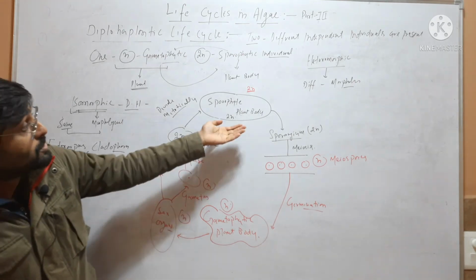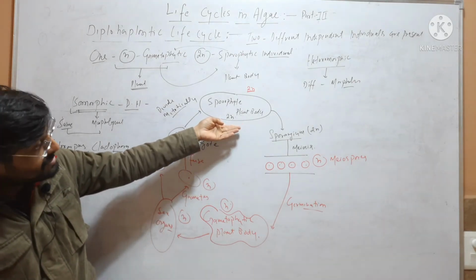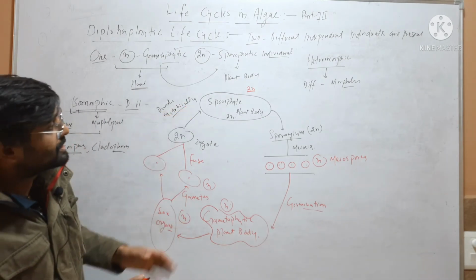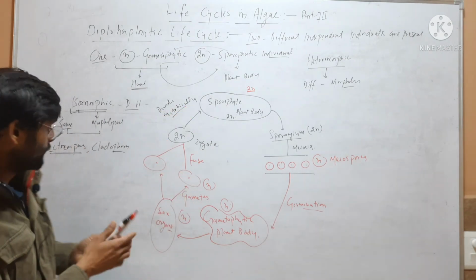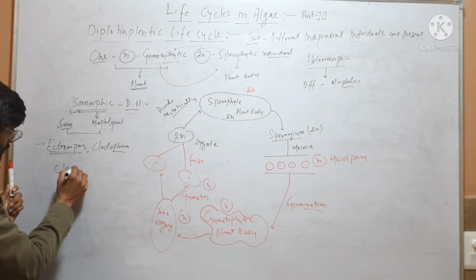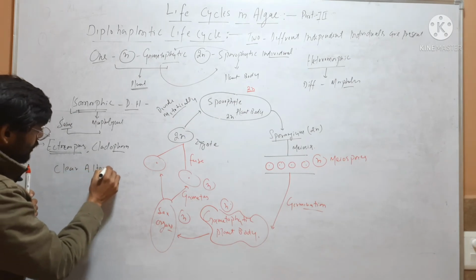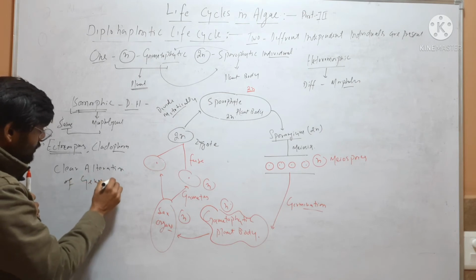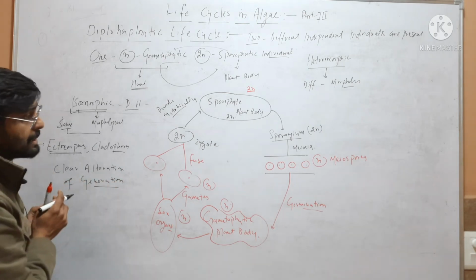Generations are alternating. Suppose this is the first generation, that is the sporophytic generation, then there will be the gametophytic generation, then after this it will be sporophytic. So there is a clear alternation of generation in this life cycle.